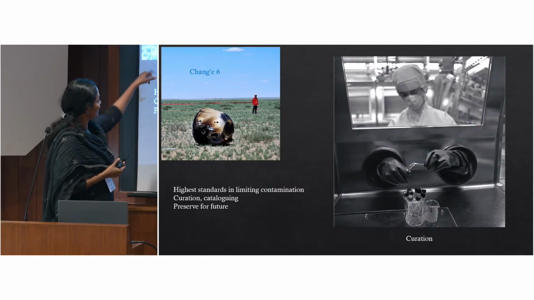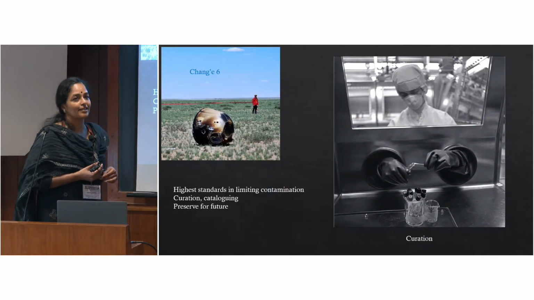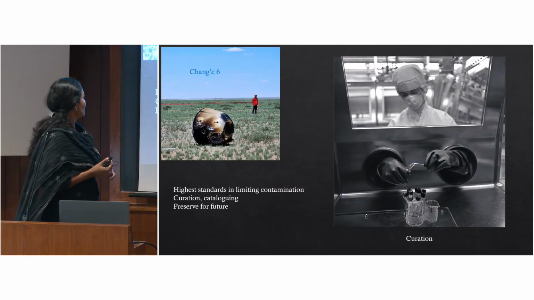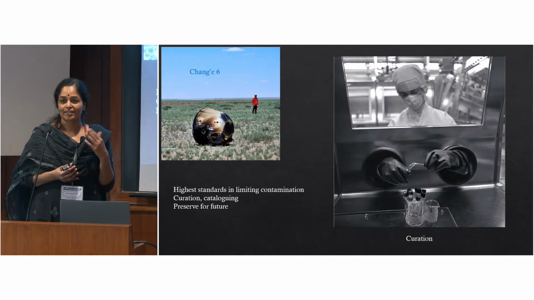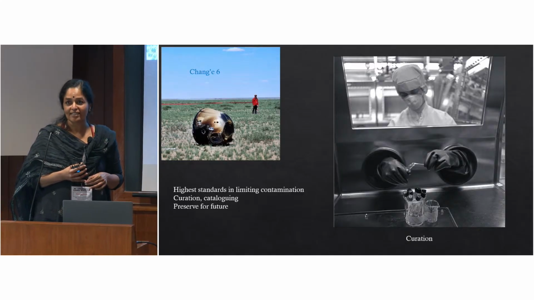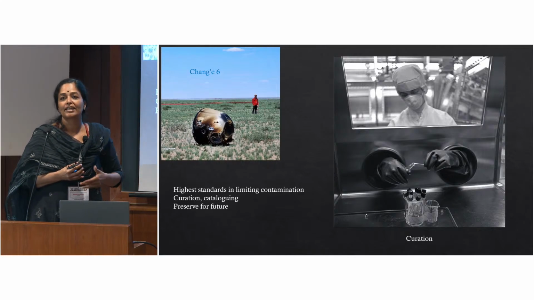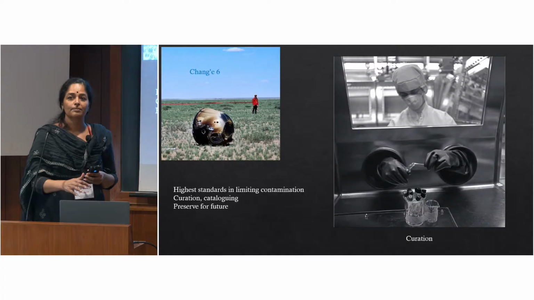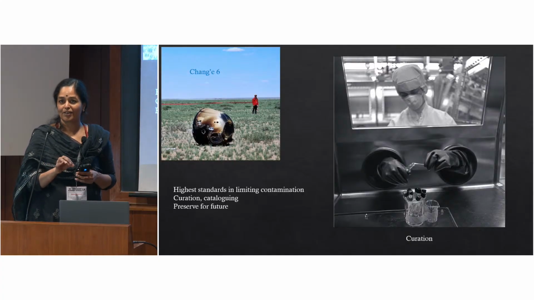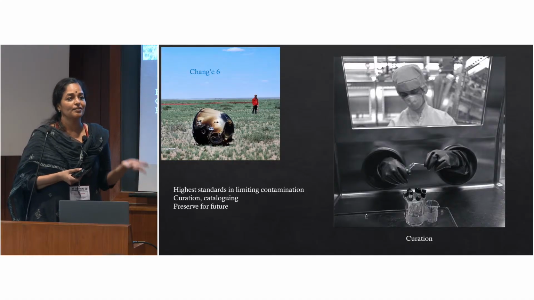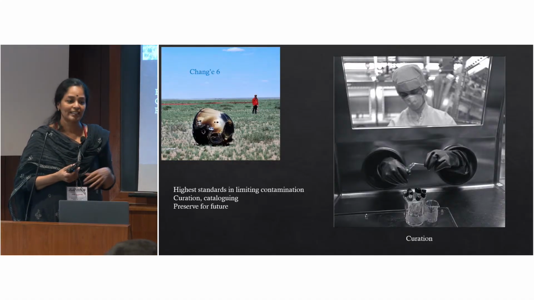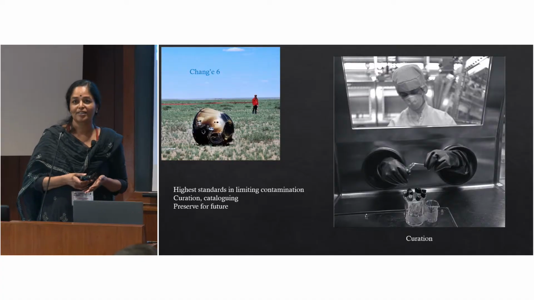So Chang'e 6 landed. I also wanted to show how complex these missions can be, because we have to maintain the highest standards. Initially, I think there was a very old Russian paper mentioning water in one of the lunar samples, but it was so debated, because it came here, is it just absorbing water? Anything you keep here will absorb water, right?